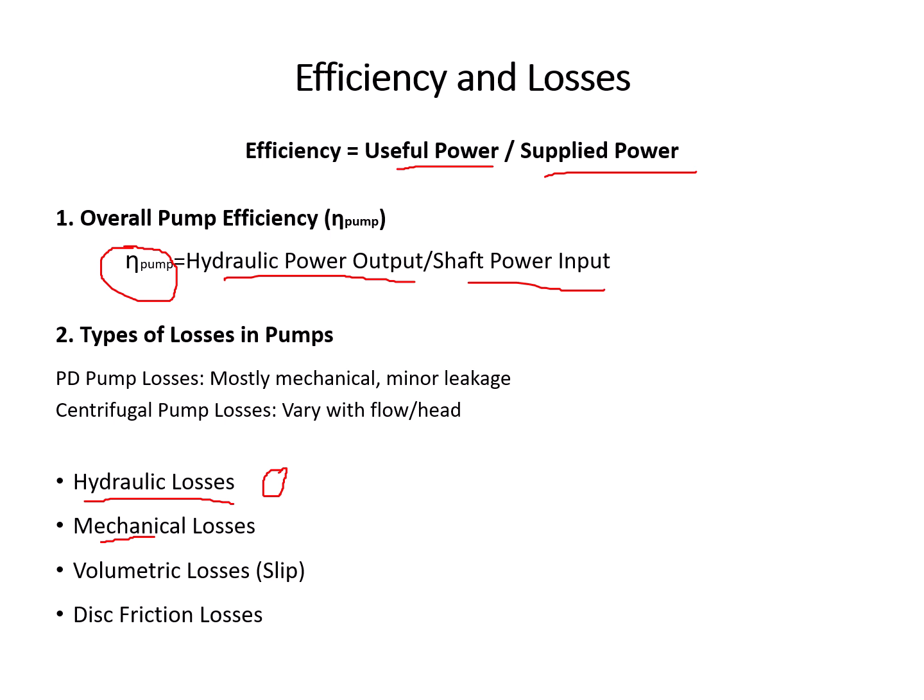We also have volumetric losses, which is the slip. Fluid leaks back from the discharge to the suction, and this is common in positive displacement pumps, and of course it increases with pressure.